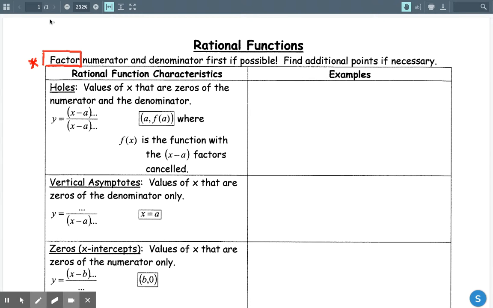And then I want to make another quick point: if it asks you for the domain of your rational function, it is going to be x is in the set of all real numbers, but x cannot be any value that makes the denominator 0.